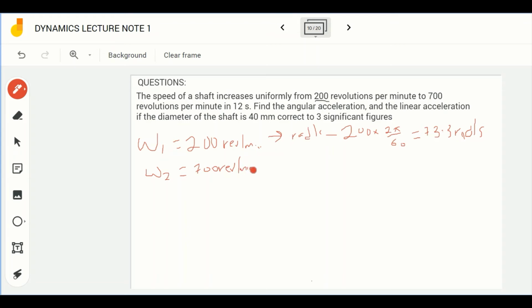So we convert this to rads per second, becomes 700 times 2 pi over 60. When you punch this in your calculator, you should get 20.9 rads per second. Okay?